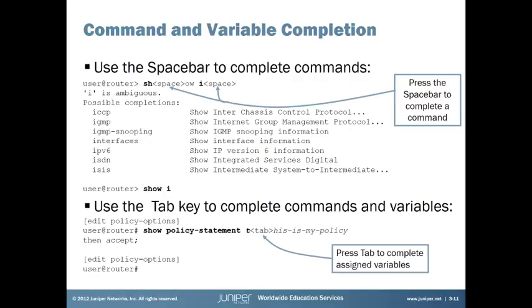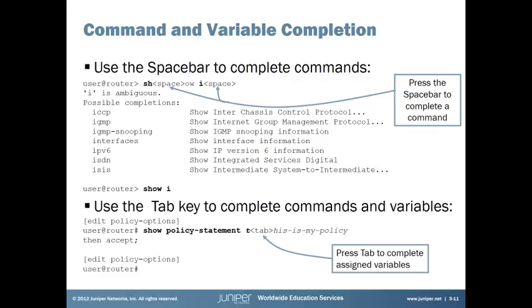Boom, that's the name of my filter, and I applied that filter. If I wanted to reference that filter in my configuration, I could go into the part where I need to reference it, type in block tab, and it will complete the rest of it for me. That's a variable. It wouldn't do it if I pressed space, but it would if I pressed tab. So tab does commands and variables, space does commands only.